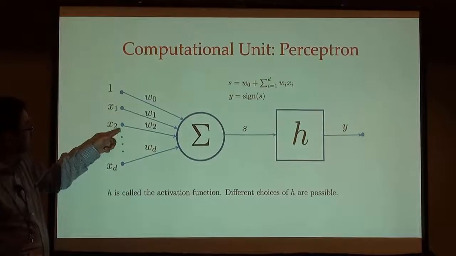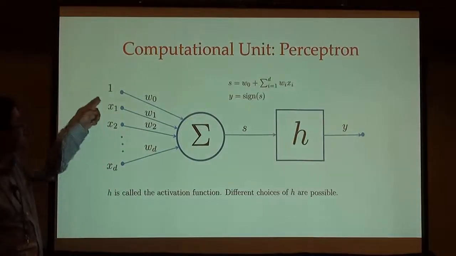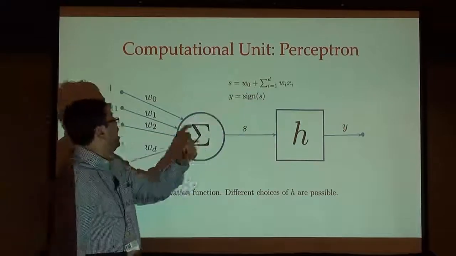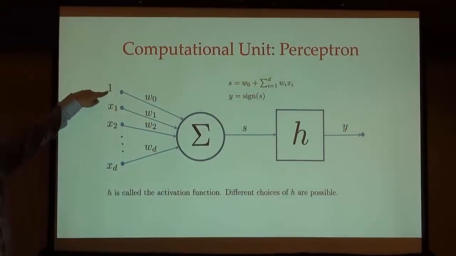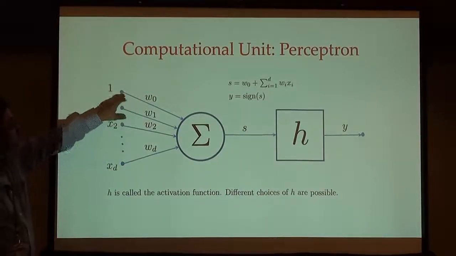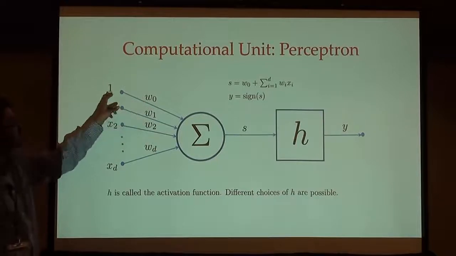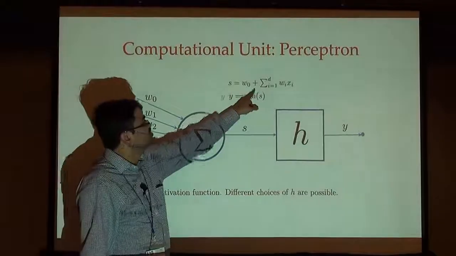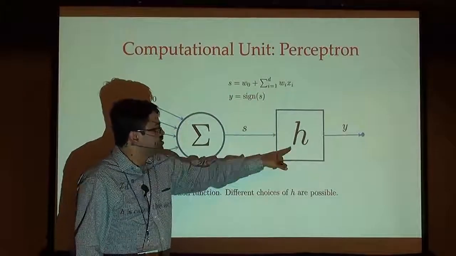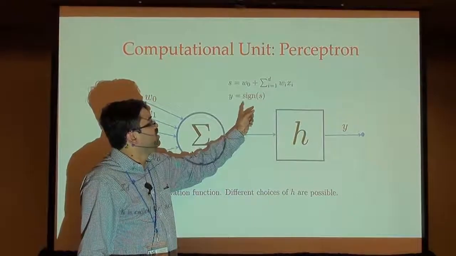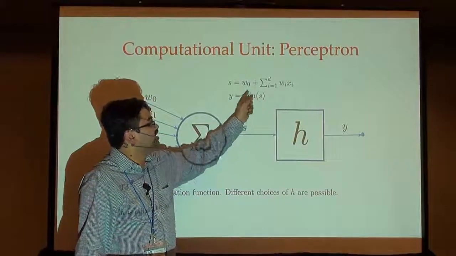These are your inputs 1 to x_d. I'm putting 1 as an input for the bias, and these on the edges are the weights. You multiply the weights by these inputs, you sum them up and out comes s, and then you pass this s through an activation function. In this case, h happens to be sign of s.